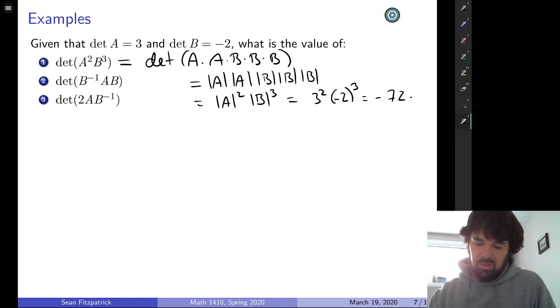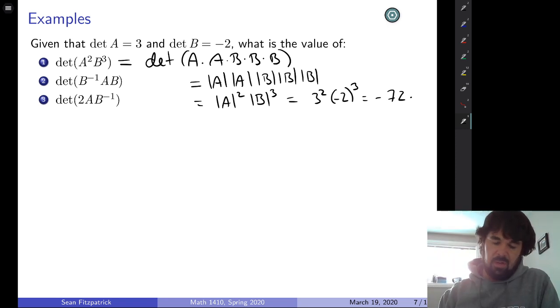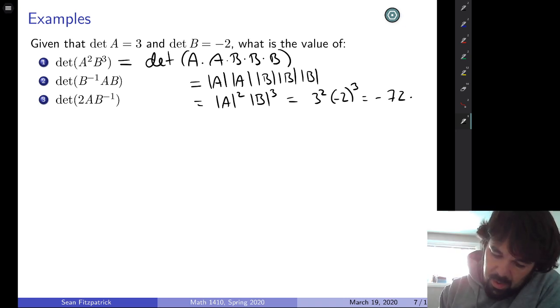So let's go on to the next one: determinant of B inverse times A times B. How do we tackle that? Well, let's put it down here.